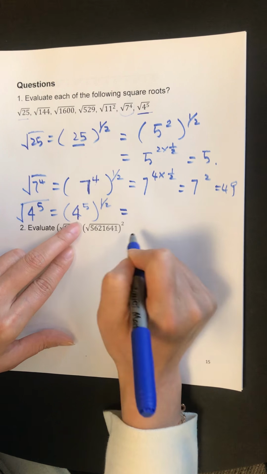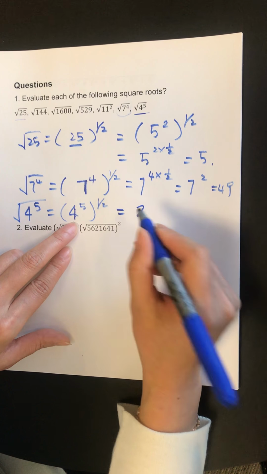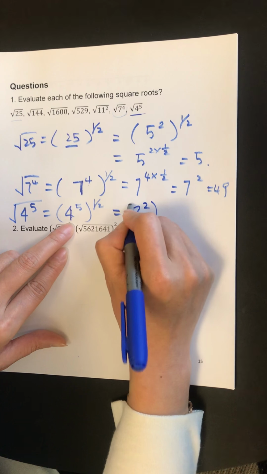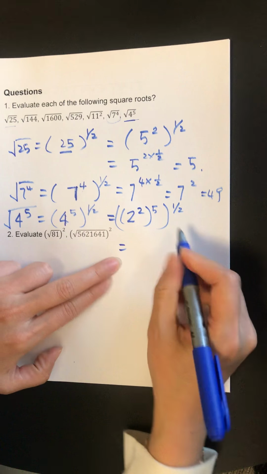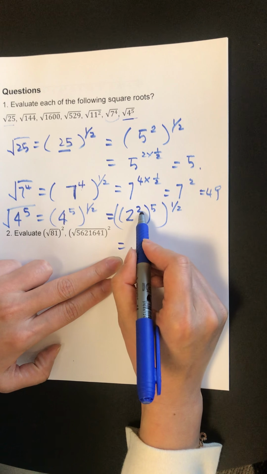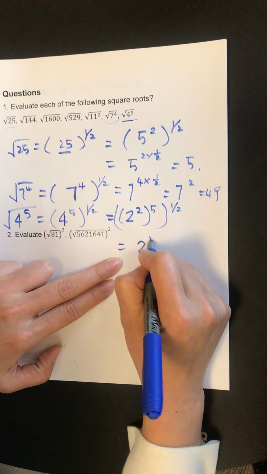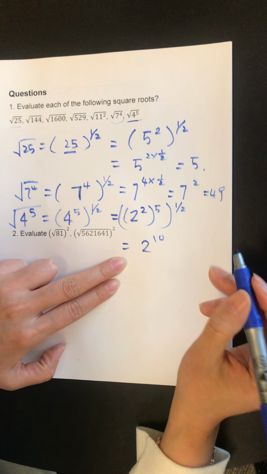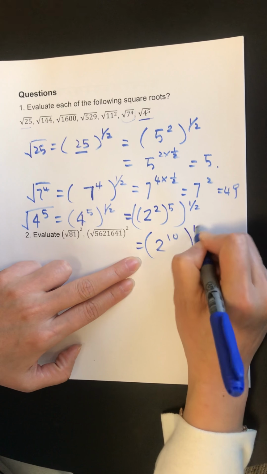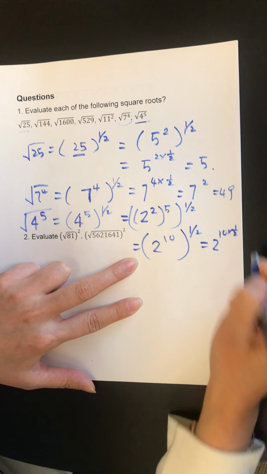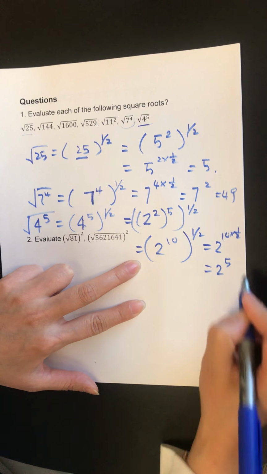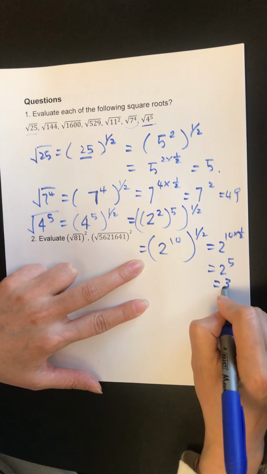So 4 is basically 2 to the power of 2, right? So we do, again, multiplication of the two exponents. So the base would give you 2 to the power of 10. You still have the square root on the outside. Now 10 multiplied by 1/2 is 2 to the power of 5, which is 32.